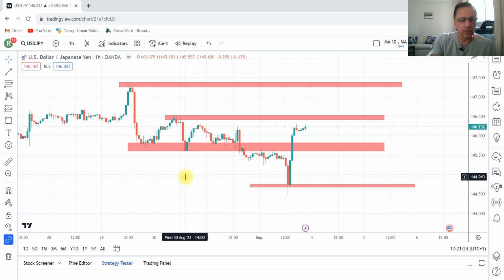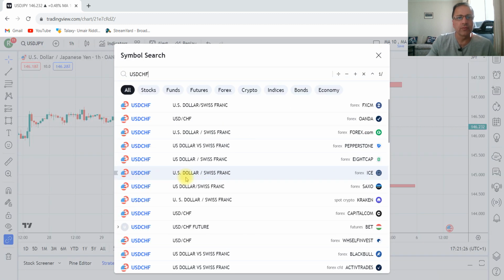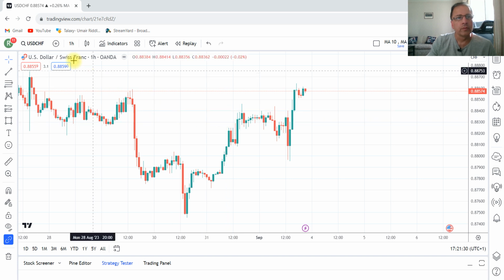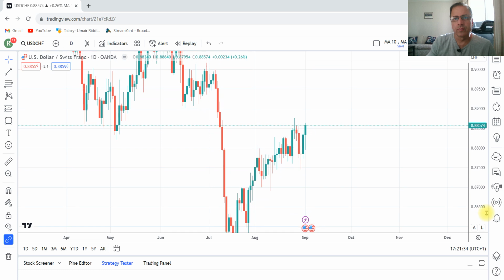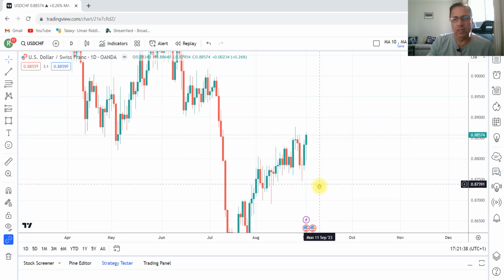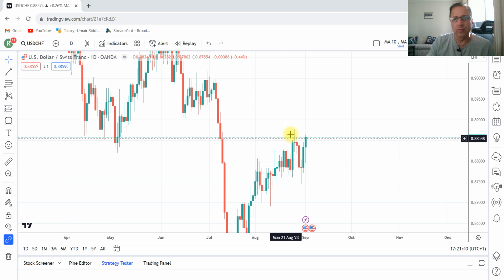Next pair is USD CHF. Let's look at daily time frame first. You can clearly see that it is on an uptrend.